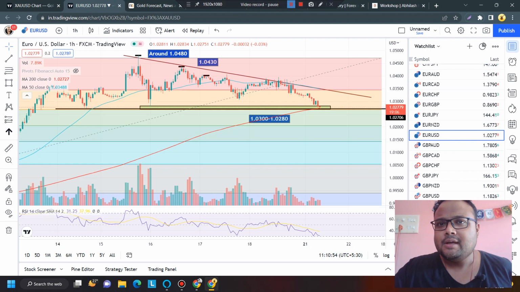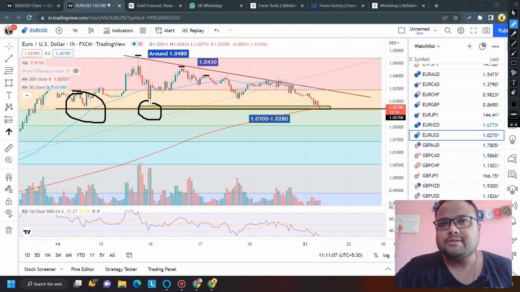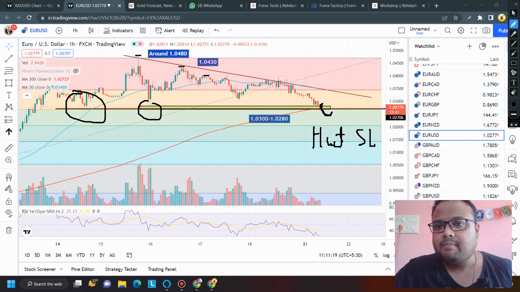Because in my career I have learned one thing very well: the market does not like common things. As you can see, this support is very much visible to us. So what is possible here is that the market may hunt stop losses around this level, and then the market may go up.